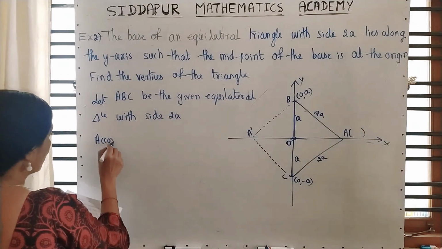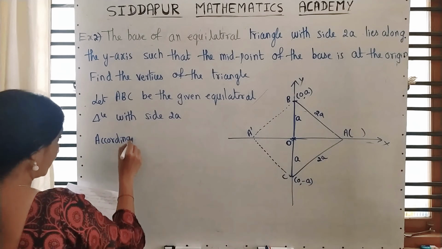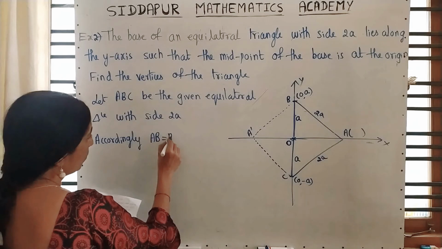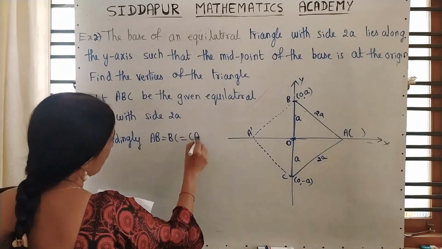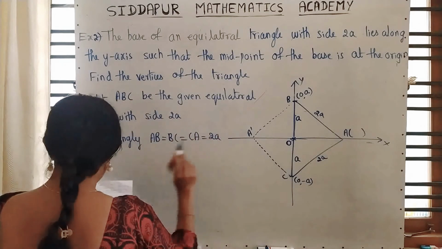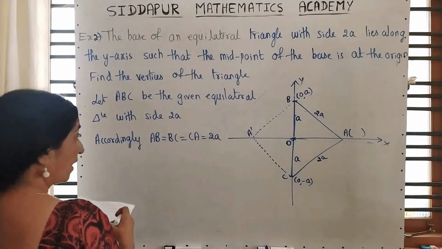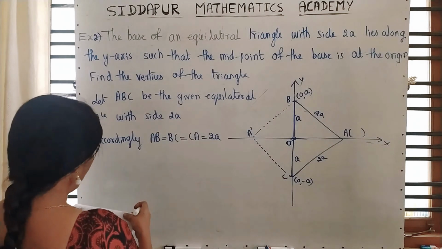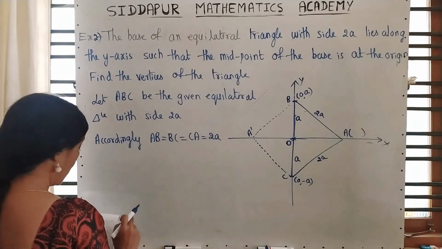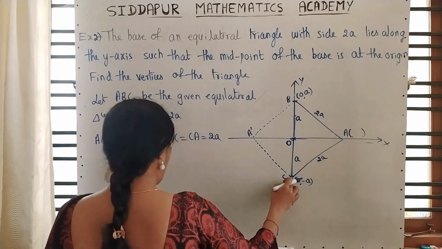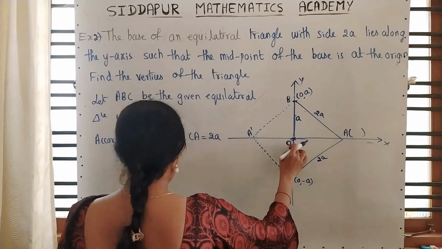According to the given problem, AB is equal to BC is equal to CA is equal to 2a. It is given all the three sides are equal, and it is given the base BC lies along y-axis. The base BC lies on y-axis and its midpoint is the origin.